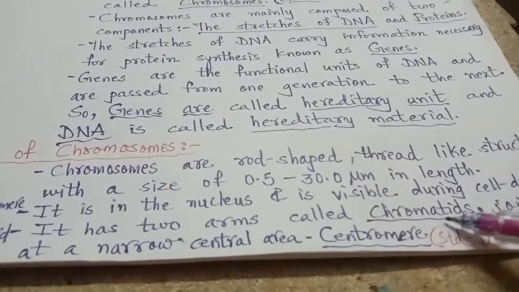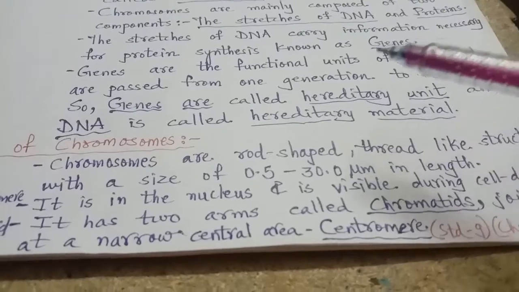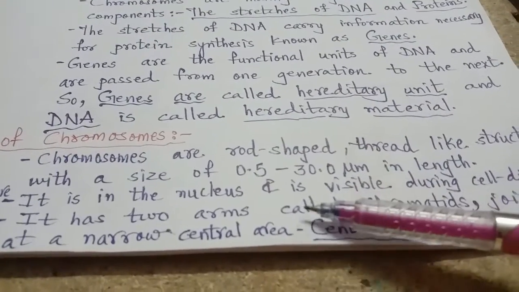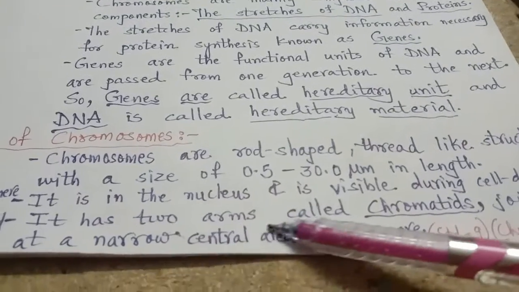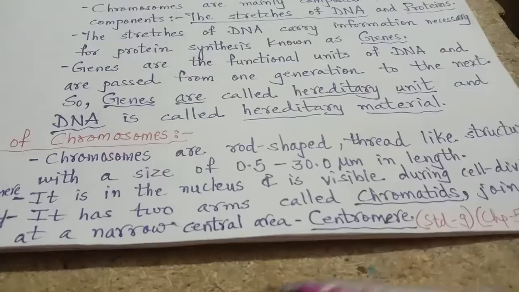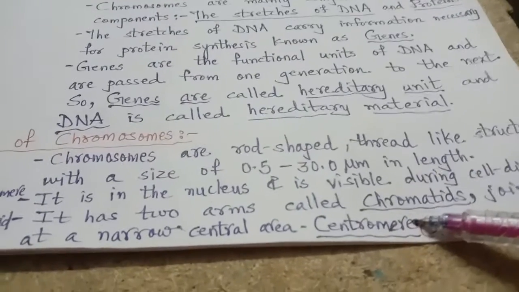When this chromatin separates into a long thread and takes the structure of chromosomes, then what is a chromosome? A structure having two arms called chromatids joined at a narrow central area, that is the centromere.